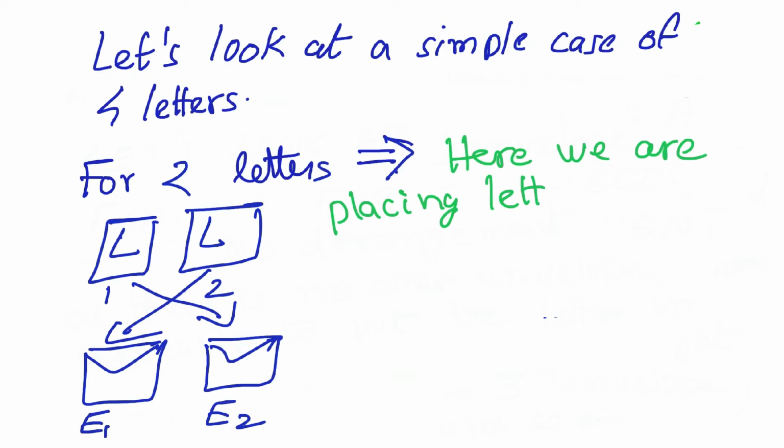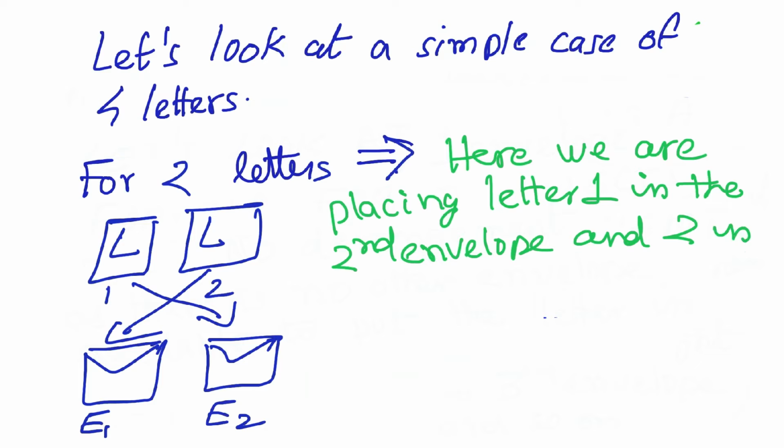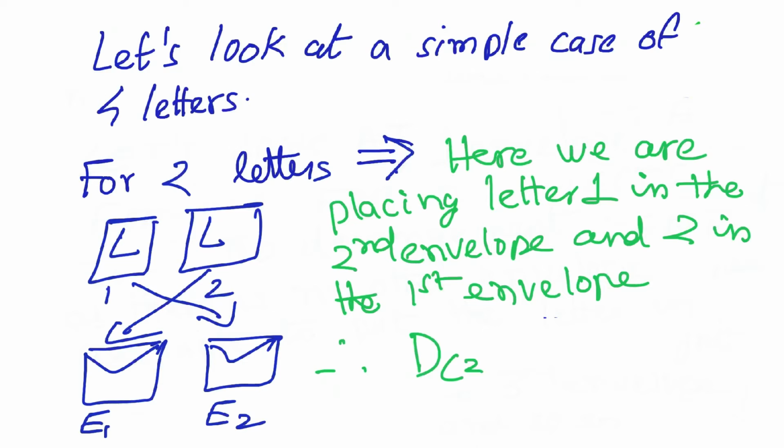So totally, for these objects, there's a single way of doing a derangement. That is, for the first letter, only one way of getting it deranged. Second letter, again, only one way of getting it deranged. So it basically means that when we are dealing with 2 objects, D2 is equal to 1.